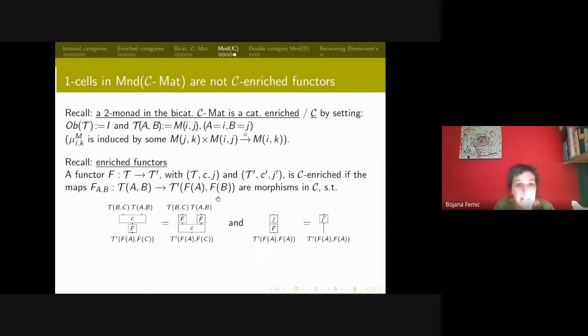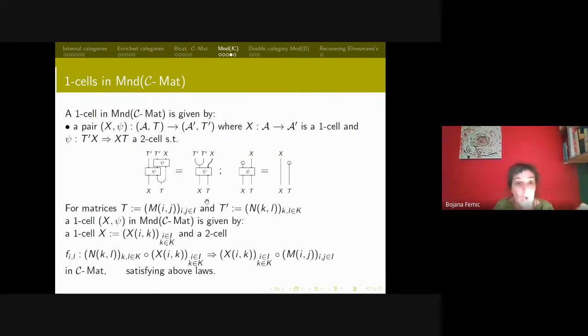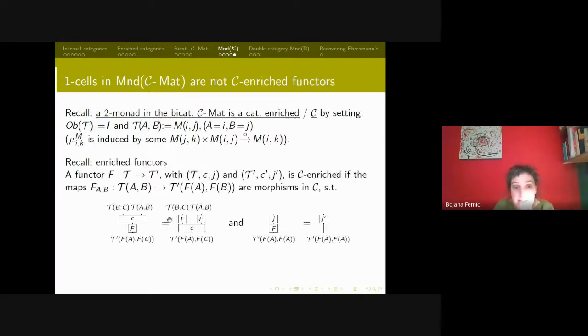Now let's go back to our diagram of 1-cells in the 2-category of monads. The diagrams are these, and these T prime and T were these matrices M, and these psi's are these F's. So we would like these diagrams to be the same as these diagrams.